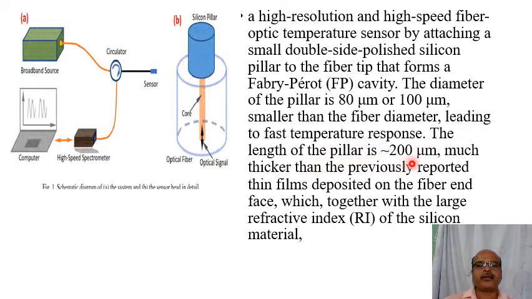The length of the pillar is approximately 200 micrometer, much thicker than the previously reported thin films deposited on the fiber end face, which together with the large refractive index of the silicon material. So this silicon pillar is mounted on the optical fiber cable and is sensitive to temperature.